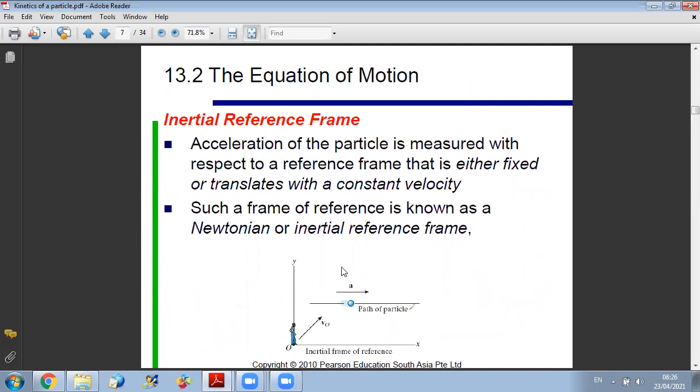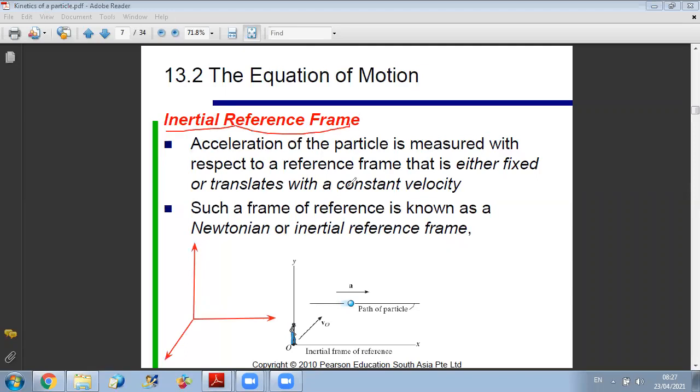Now, what is an inertial reference frame? A frame that is having constant velocity measured relative to a fixed frame is called an inertial reference frame. So in general, we take one absolute frame that is fixed, it's not moving. And in case we want to write a Newton law in a moving frame, we should pay attention if it's an inertial or non-inertial frame.